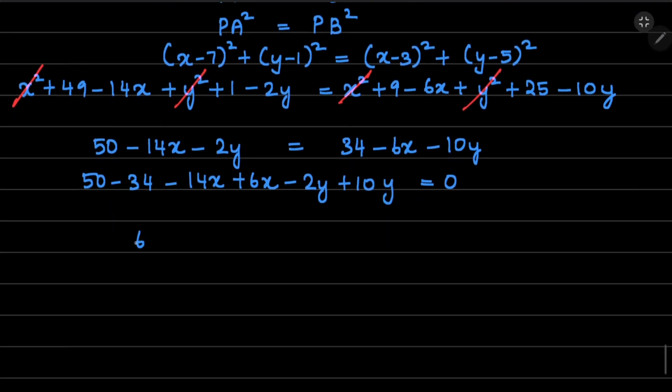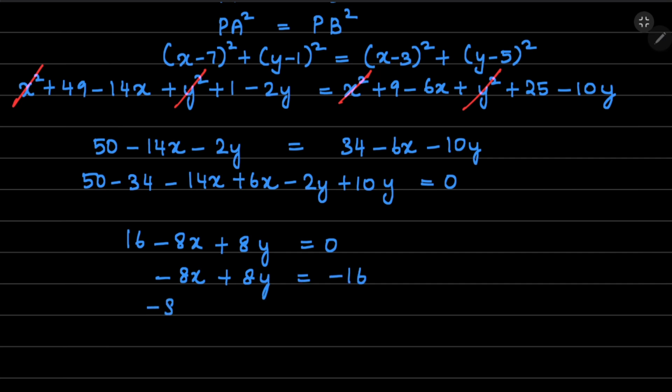So you have 16, and 14 minus 6 gives minus 8x, and then plus 10y minus 2y is plus 8y, equal to 0. Okay, so you have got minus 8x plus 8y equal to minus 16.